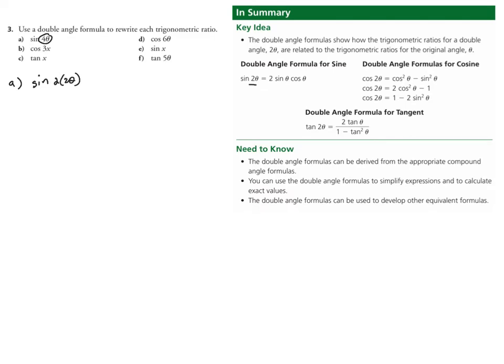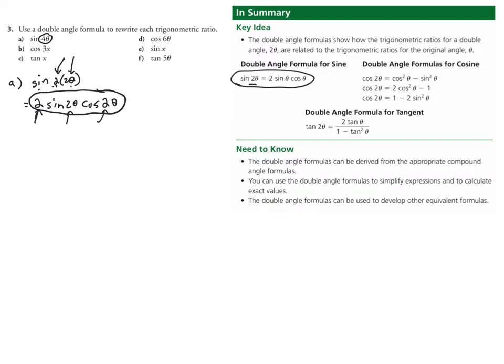And so sine of 2 of something is going to be equal to 2 sine 2 theta cos 2 theta. There we go. So double angle formula. So sine of 2 times some angle is 2 times sine of that angle cos of that angle.